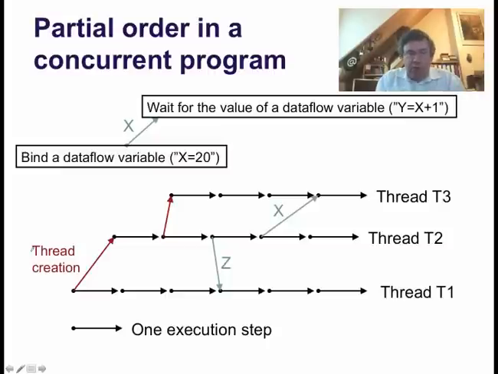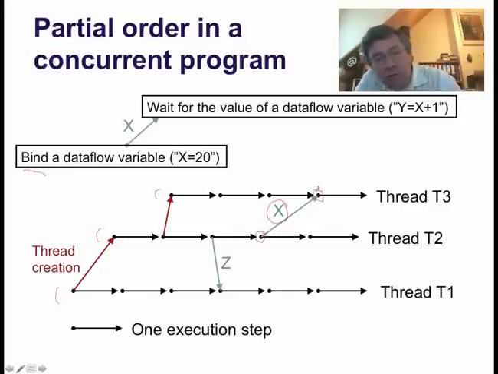Now let's take a look at a concurrent program. Here we have 3 threads, T1, T2, T3. Each thread inside itself has a total order, but between the threads there is no order unless there is some synchronization. For example, we have a data flow variable x which is bound in T2 and which is used in T3. This will impose a constraint on the order.